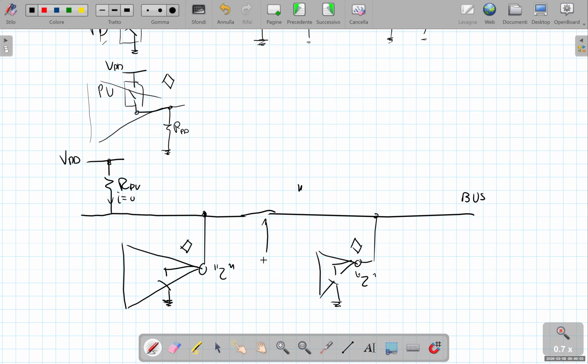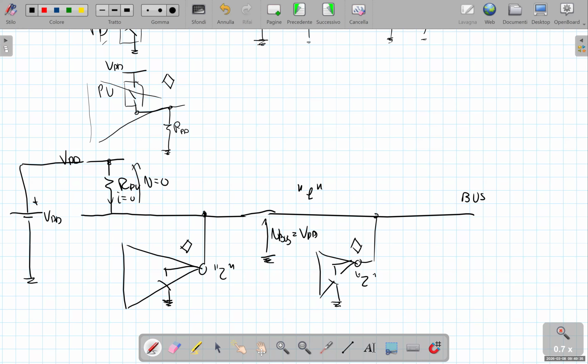The voltage of the bus is equal to VDD. By Kirchhoff's voltage law, V bus is equal to VDD, since the voltage drop across the resistor is 0, and so the logic level of the bus is 1.